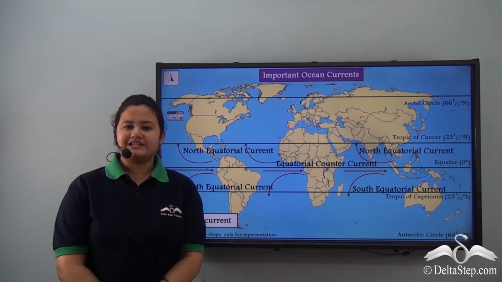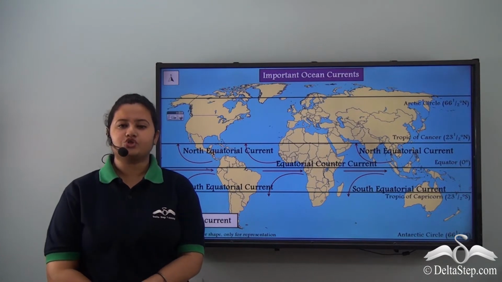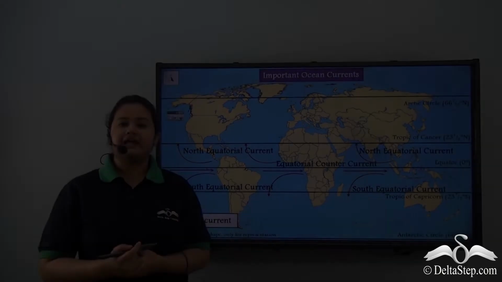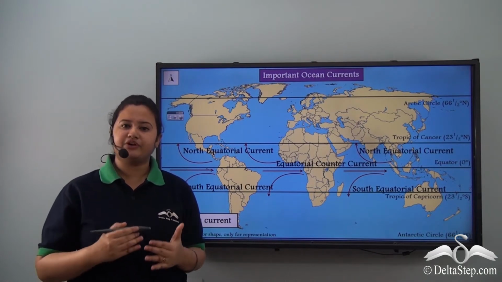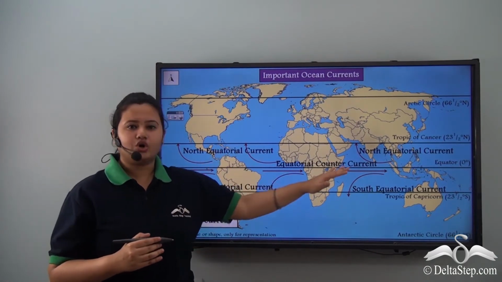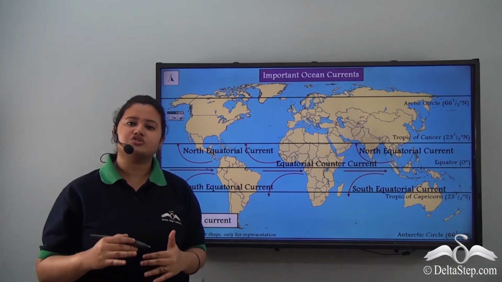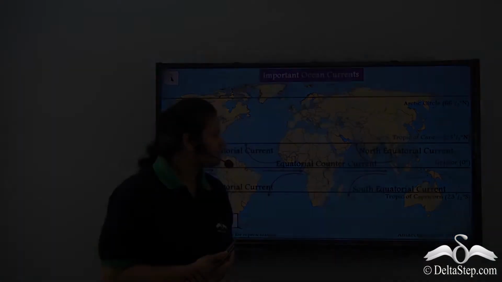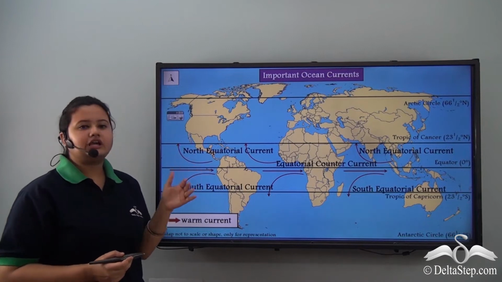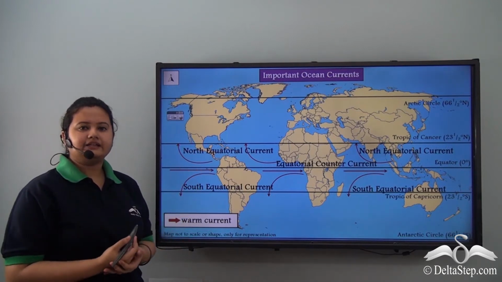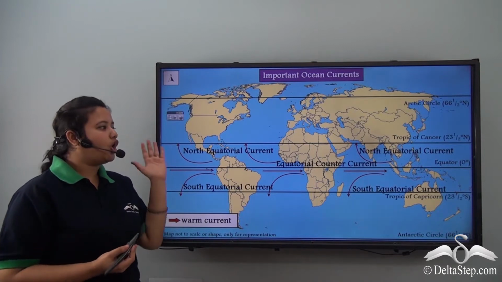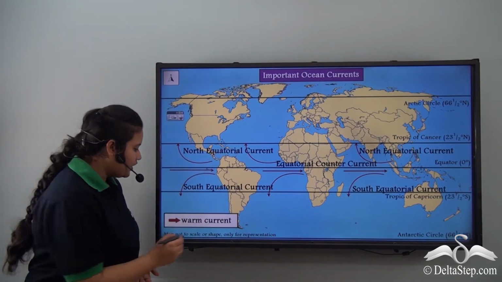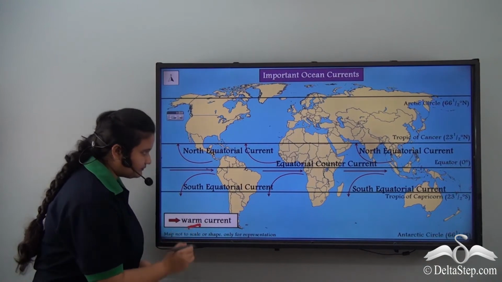Now, before starting with the circulation of ocean currents in the Pacific Ocean, let me introduce you to the three important ocean currents that are prevalent mostly in the torrid zone and flow across all oceans. Now, since these three currents originate in the torrid zone which has very high temperature, all these three currents are warm currents.